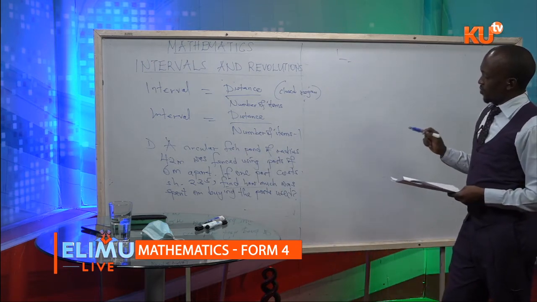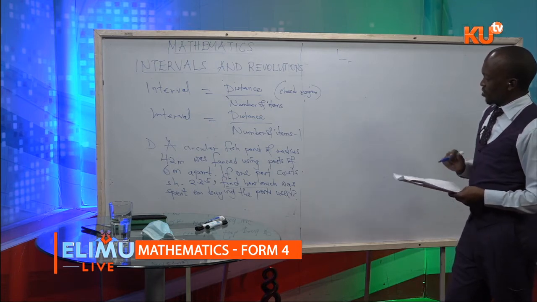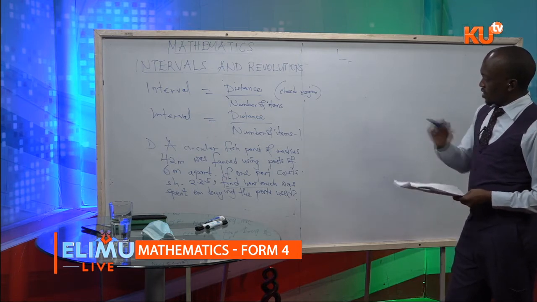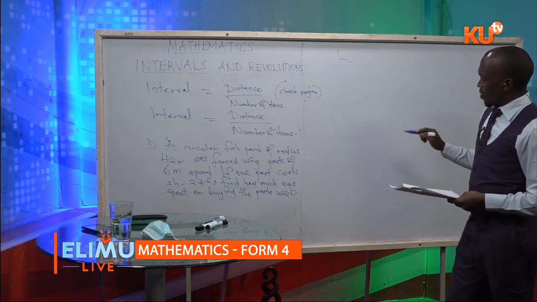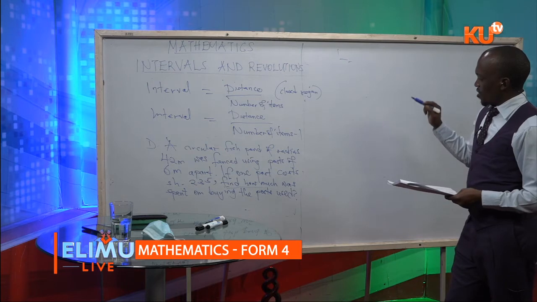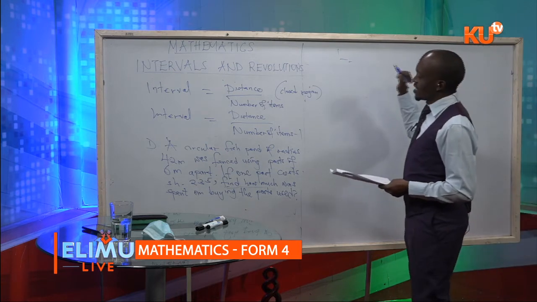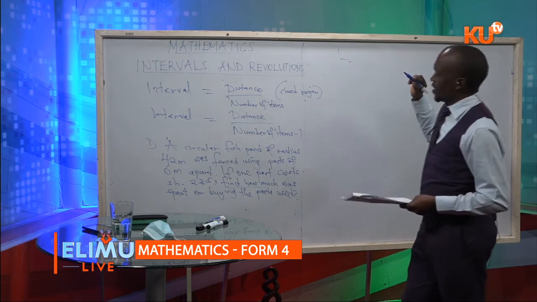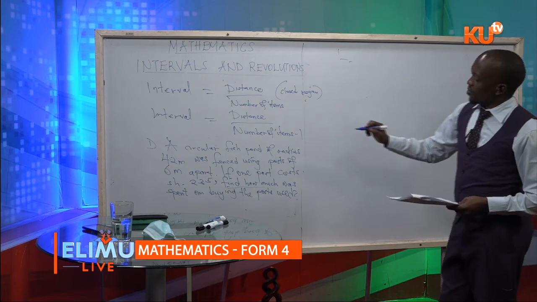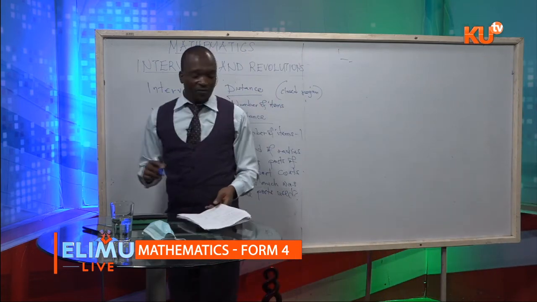This is a KCPE question. So we have to find the total distance first, then get the number of posts that were here. And how do we get the total distance around this circular fish pond?